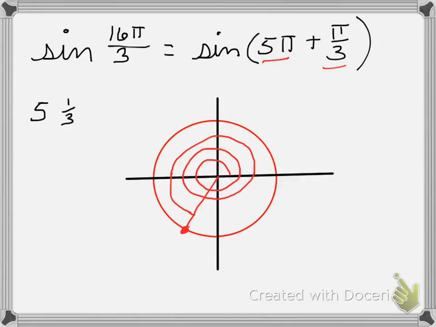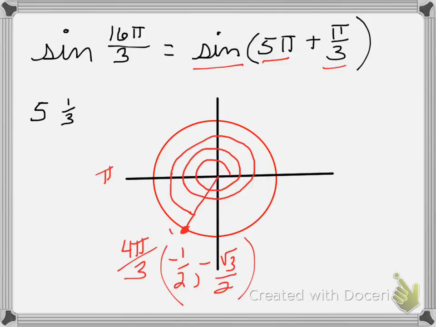Pi over 3 past pi would be the same as the angle 4 pi over 3, and what we want is the sine. We know the coordinates there are negative 1/2, negative square root of 3 over 2, and the y-coordinate is the sine value. So the sine of that is negative square root of 3 over 2.